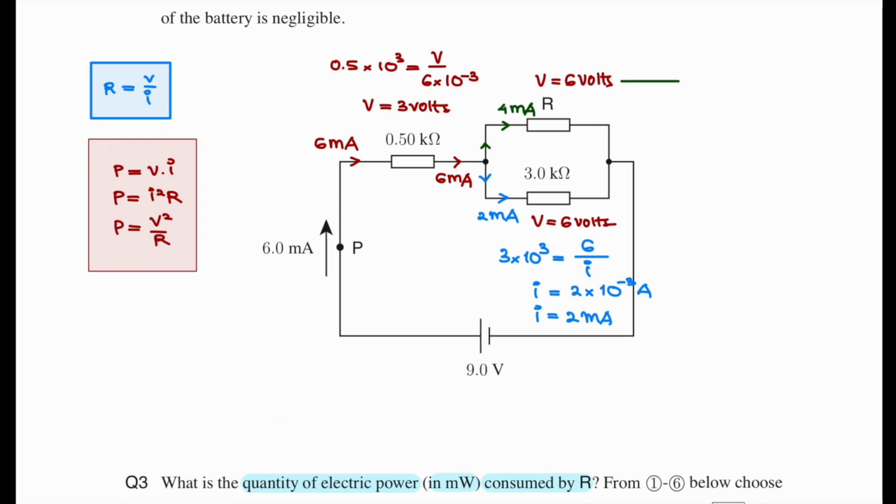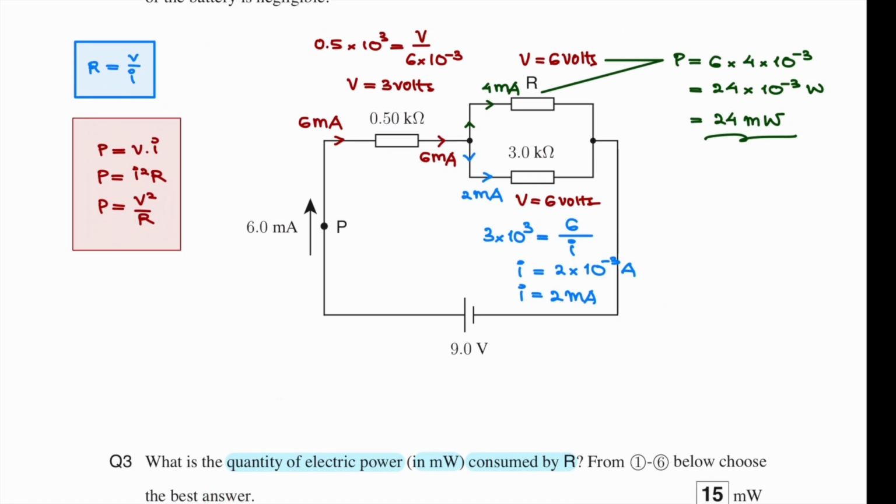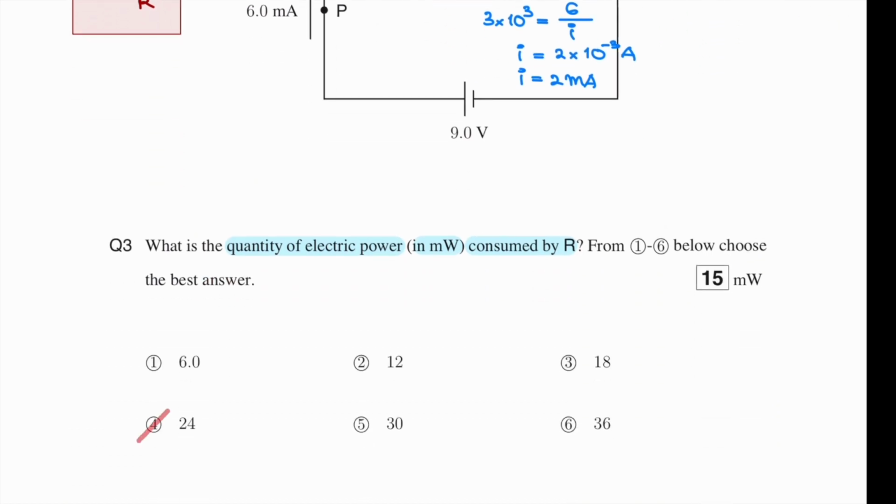So if you see from these two pieces of information, you will get power equals V, which is 6, times I, which is 4 milliampere. 6 times 4 is equal to 24 times 10 to the power of negative 3. 10 to the power of negative 3 is the same as milli. The unit of power is watt, yeah? So my final answer is 24 milliwatt. The answer is number 4.